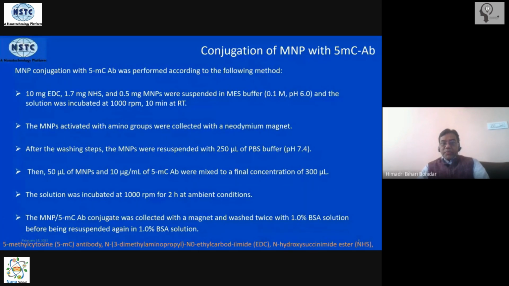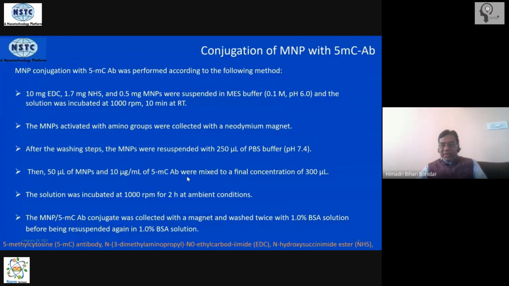Then you mix the magnetic nanoparticles and the antibodies to the final concentration mentioned. Incubate it for about 2 hours under ambient conditions, and then the conjugates can be collected again using a magnet because the magnetic nanoparticles still retain their magnetic properties.